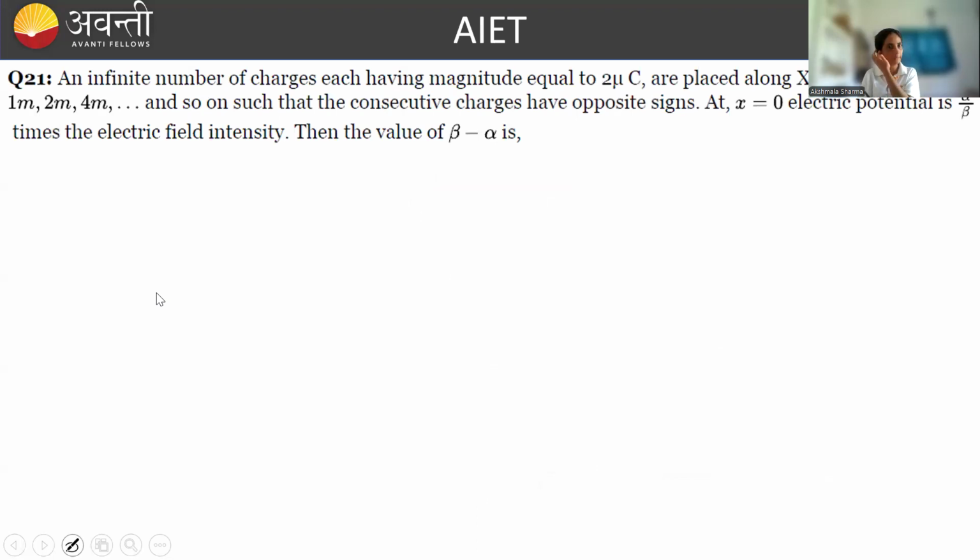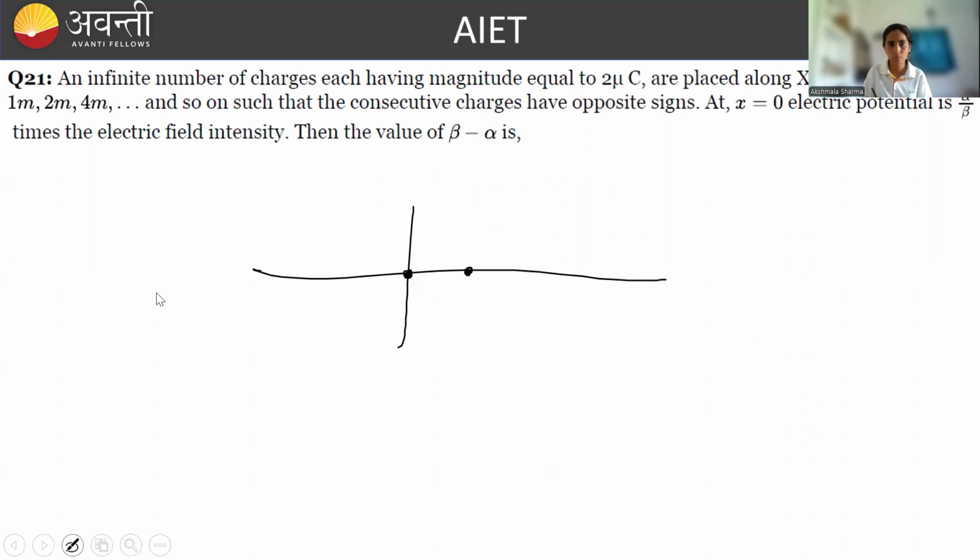Now let's calculate this. An infinite number of charges, each having magnitude equal to 2 microcoulomb, are placed along the x-axis at 1 meter, 2 meter, 4 meter, 8 meter, 16 meter, like that. So infinite number of charges are there, right?